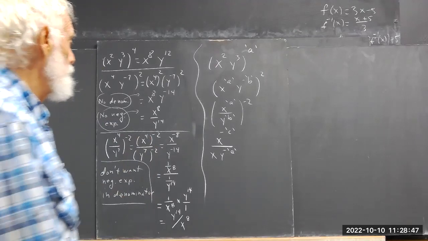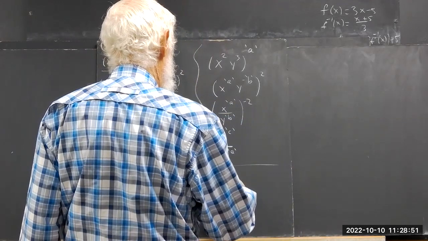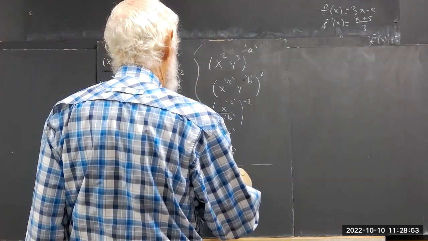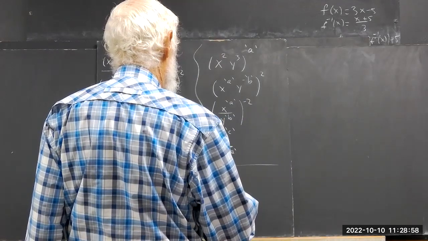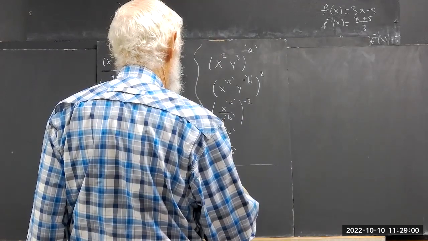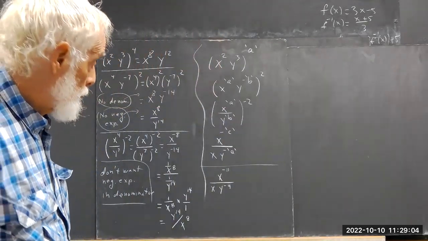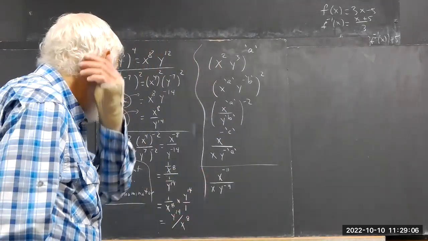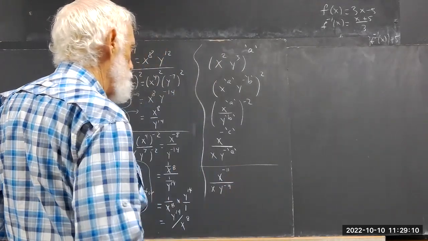Okay. Now this last one, let's say x to the negative 11 divided by x times y to the negative 4. Well, how are you going to write that? You have x to the negative 11, you have y to the negative 4.